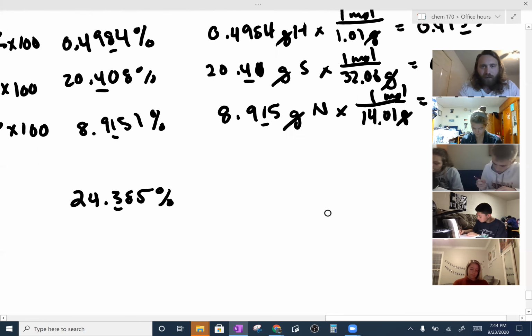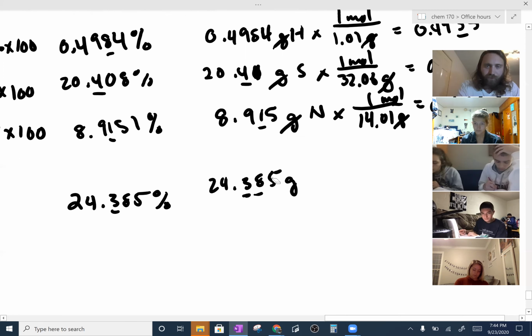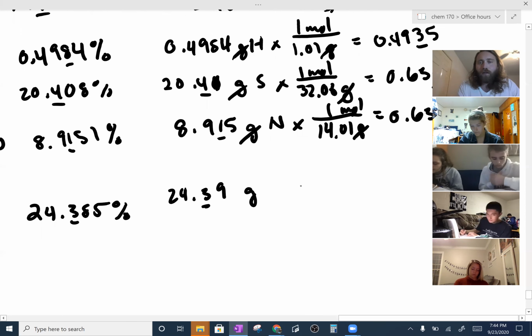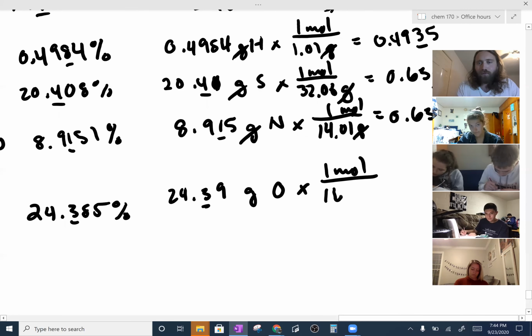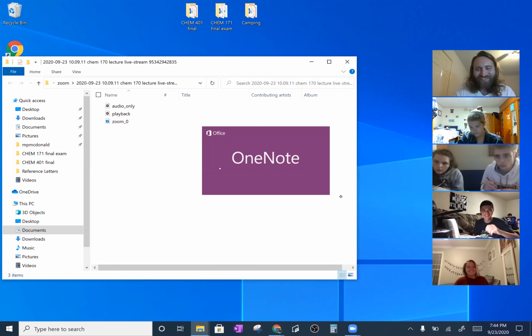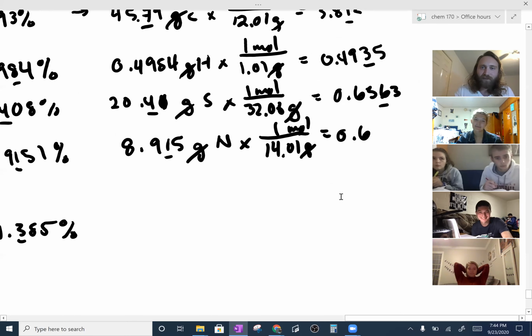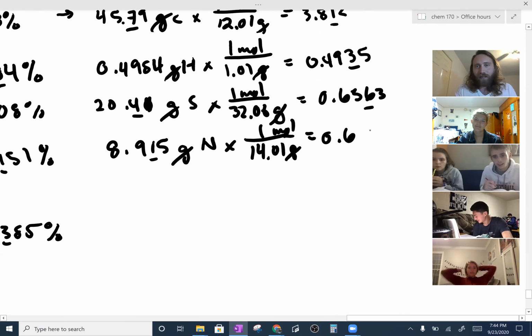And then oxygen is 24.385 grams. The 3 is the sig fig, so we'll just call that 24.39 grams of oxygen multiplied by inverse molar mass, 1 mole over. Oh, did it erase all that? Okay, well, I can remember what nitrogen was.